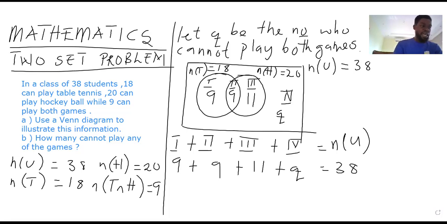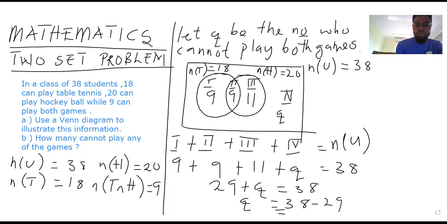So let us add 9 plus 9, that'll give you 18, right? Then 18 plus 11, that is 29. So 29 plus Q equals 38. Then Q should give us 38 minus 29, that gives us 9.